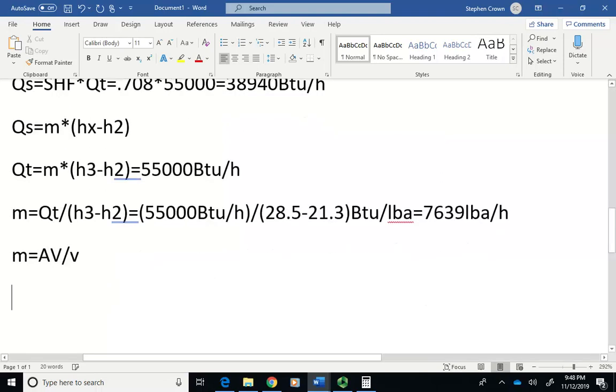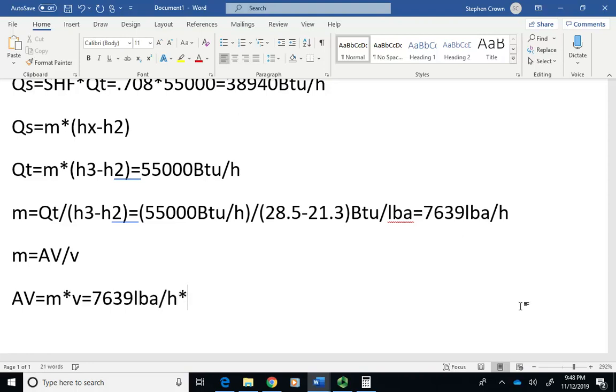So therefore EV equals mass flow rate times specific volume. And our mass flow rate was 7639 pounds per hour times the specific volume was 13.12 cubic feet per pound.